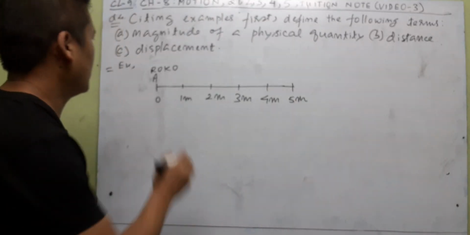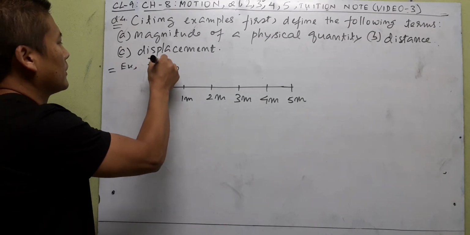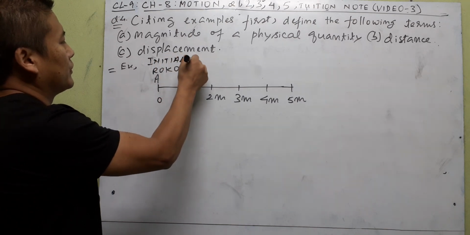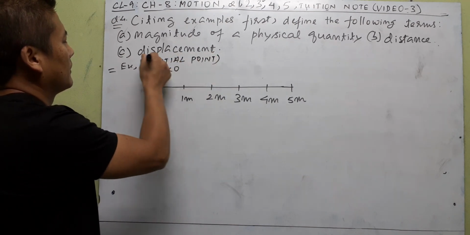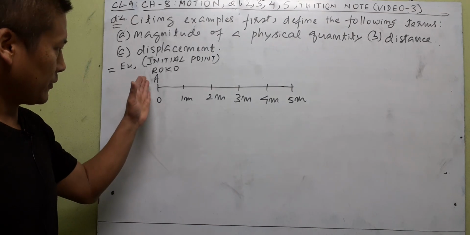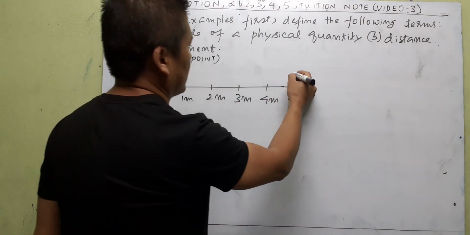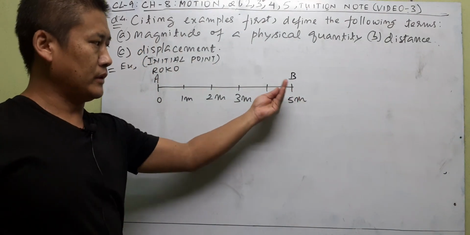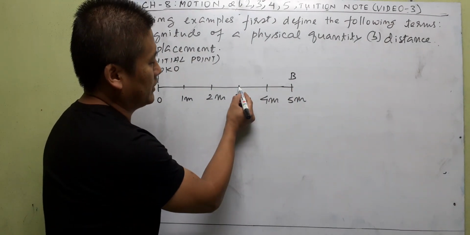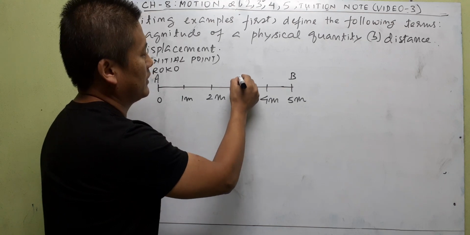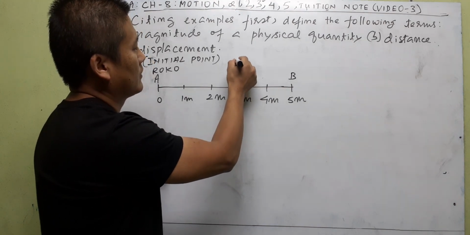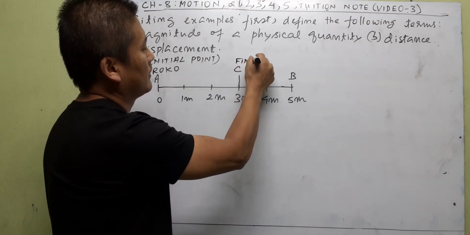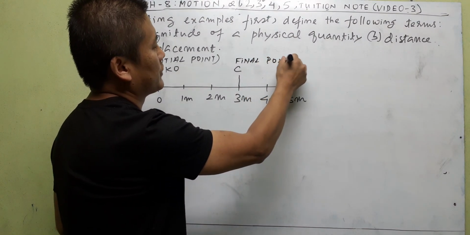His starting position is A. So this is his starting position, is called initial point or initial position in your textbook. Okay, so from here he swam and reached B, let us say. And when he reached B, he didn't stop there. He turned back and came back 2 meters here. So his final position is here, let us say, C. So this is his final point that he reached.